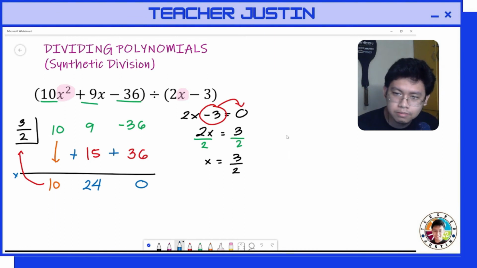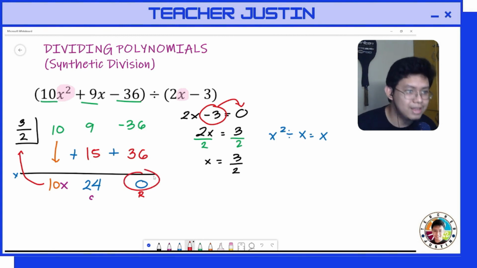X squared divided by x. So their quotient will be x. Therefore, we will be starting with the variable x, followed by a constant, and our last term will be our remainder. So since 0 is our remainder, we will not have any remainders.